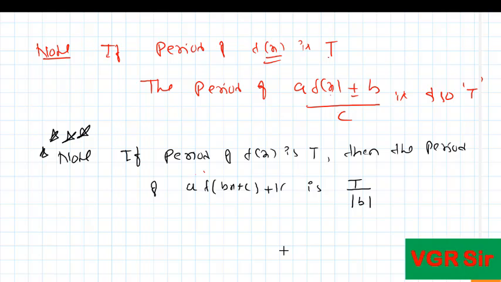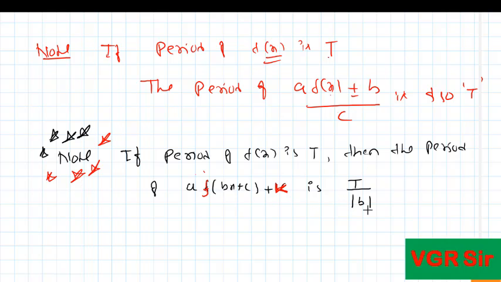You should remember this. Without using the definition also you can solve the problem, and just using the definition you can find its period, that is not a big problem. But you should remember: a into f of bx plus c plus k is given, we want to find its period. It is the fundamental period of f of x, t, divided by the x coefficient with mod.